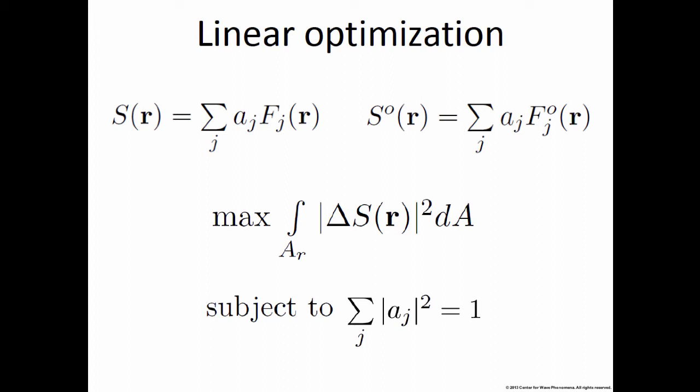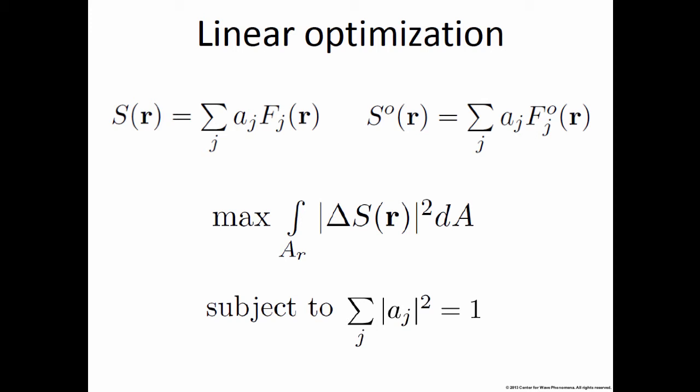Another part of this is that we have to place a constraint on A sub j so that it doesn't arbitrarily increase the amount of energy emitted by these sources. So here we just constrain it to equal 1.